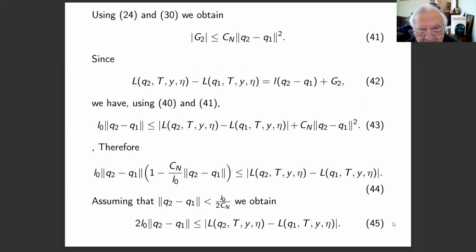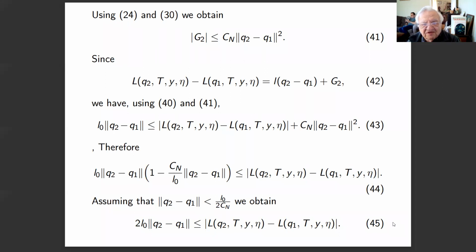This kind of estimate was used in my paper of 1998. So we can rewrite 42 in the form 43: L0 times the norm of q2 minus q1 is less than or equal to the absolute value of the difference of lengths plus Cn times the norm of q2 minus q1 squared.